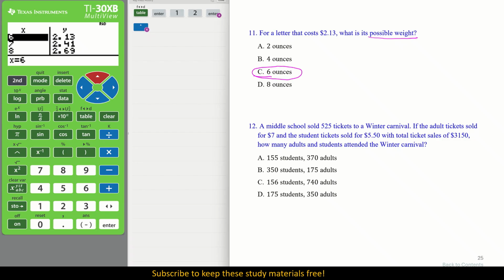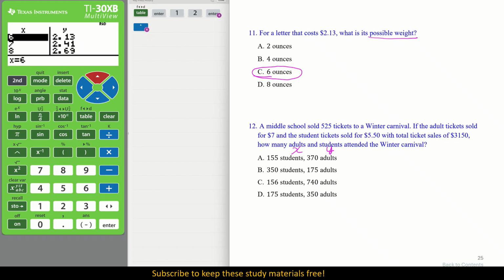Okay. I'm having a hard time getting it out of my mouth. Let's figure this out. This is what we have. Let's say adults are X and students are Y. Let's go with that.